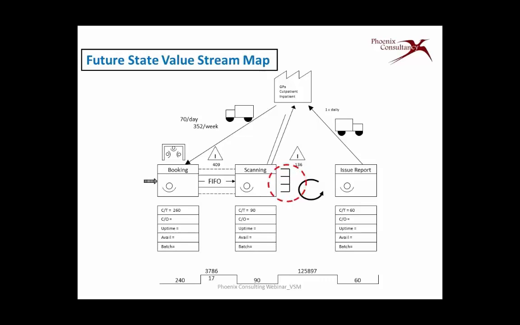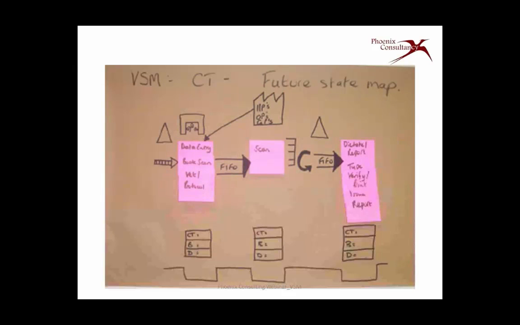And ask yourself, where can you truly put in a system that might be based on pull? And the key thing I'd say about the future state is don't get hung up on the detail, because you're going to fine-tune it as you go along anyway. Just remember that the principle of lean management systems is that we're trying to get to one process doing what the next process needs when it needs it.